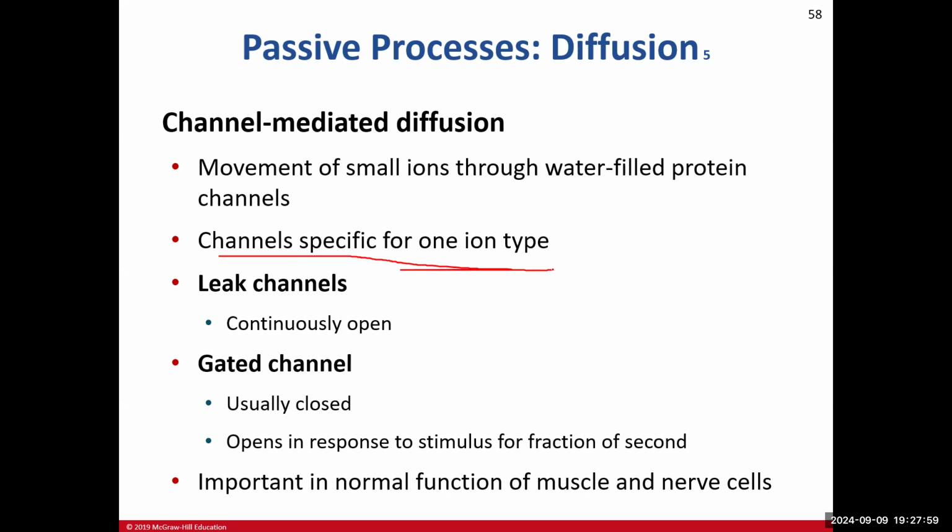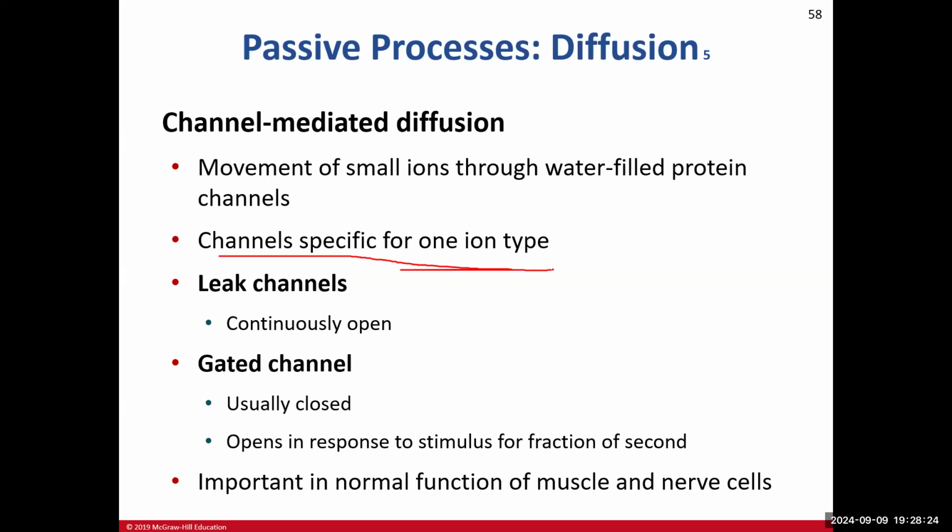So that means I can't have potassium and calcium and sodium using the same channel. Doesn't happen. You got to get your own. So if sodium can only go down a sodium transport protein, potassium, the same thing. It is unique and is specific. So it's good for that.